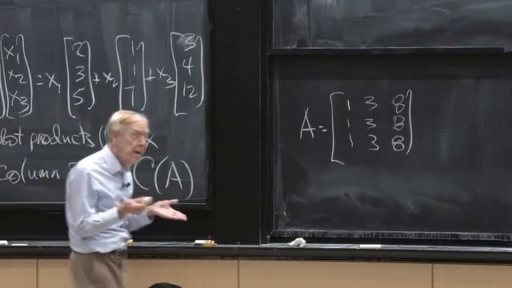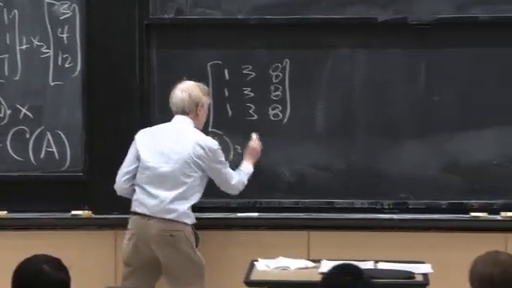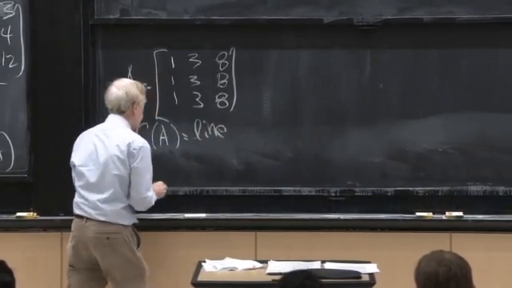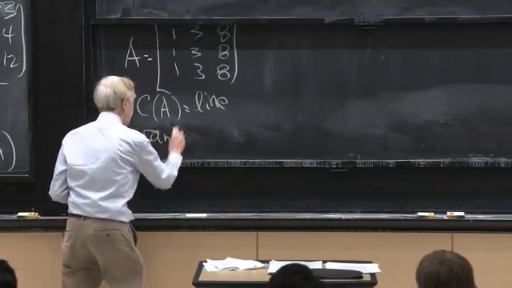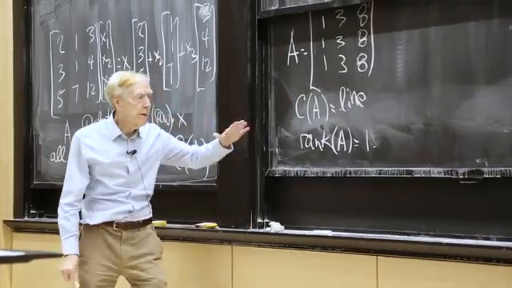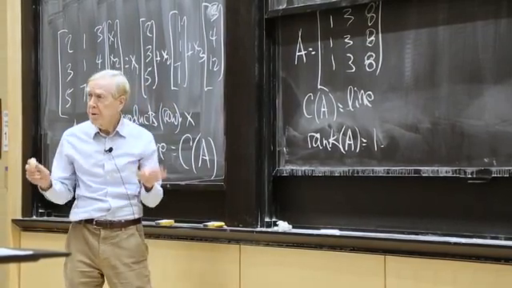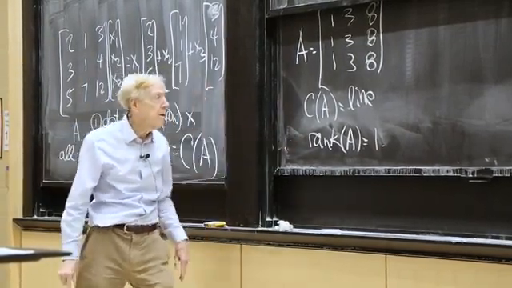So the column space of this A is a line. Another way I could say this is that the rank of the matrix is 1. The rank is the dimension of the column space. Well, not sort of, that's what it is.